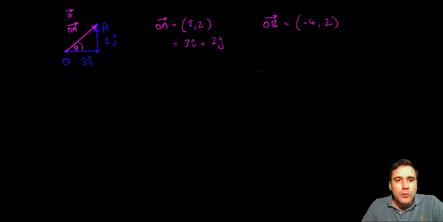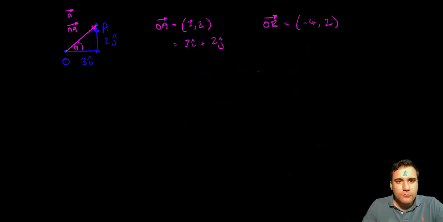So magnitude, for this OA vector, is literally the length of this arrow here, right? So that's the size, if you like, the magnitude of it, how big it is, and the direction is given by the angle, in this case theta.